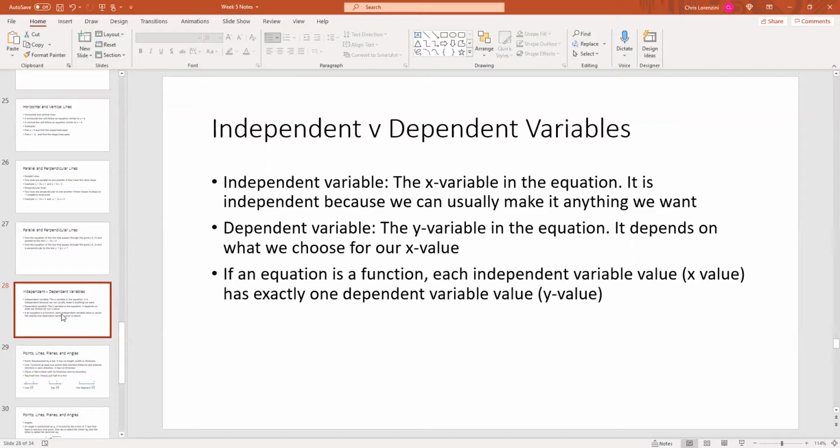We don't really talk about functions much in this class, but if I happen to have a function, then each x value will have exactly one y value. And in fact, everything we're doing here, because we're dealing with linear equations, they are all functions, and each input x value will have exactly one output y value. So that does it for equations of lines.